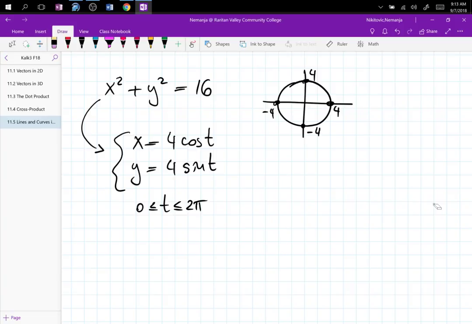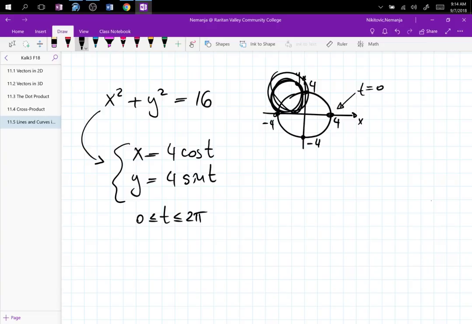You see, when you start at t equals 0, the first point that will be traced on the graph as you start tracing this around would be the point (4, 0). So your circle begins there. Note that when I drew the circle, I started here, and I went around.